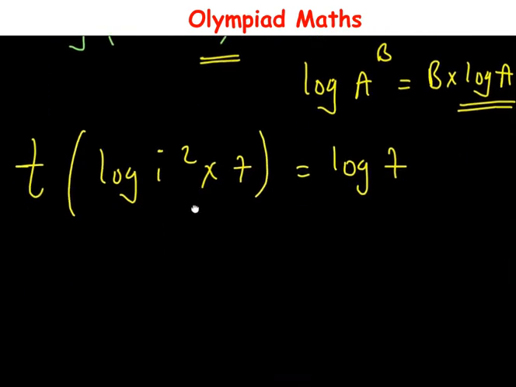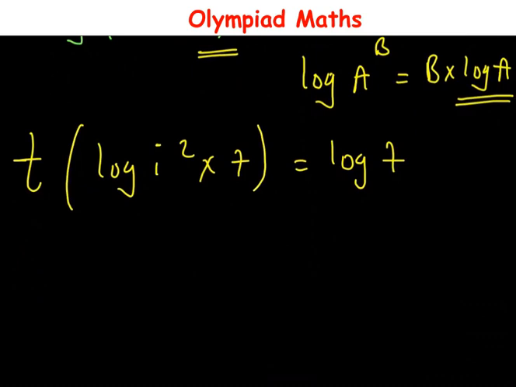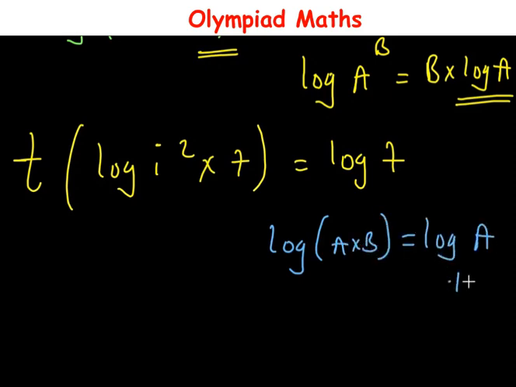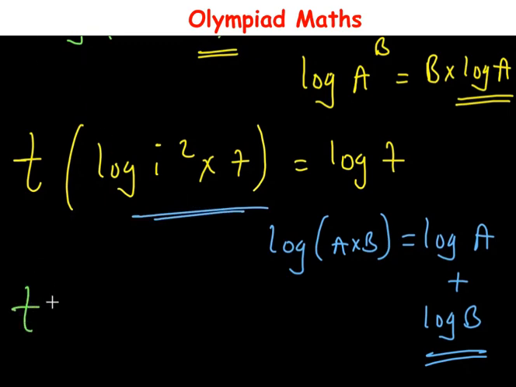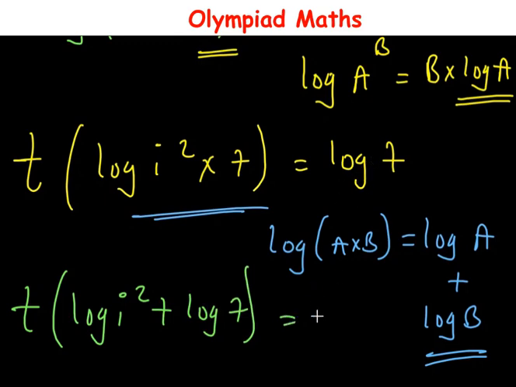We can also apply this rule of logarithm, that if you have log of a times b, this equals log a plus log b. Applying this, this becomes t multiplied by (log of i squared plus log 7) is equal to log of 7.